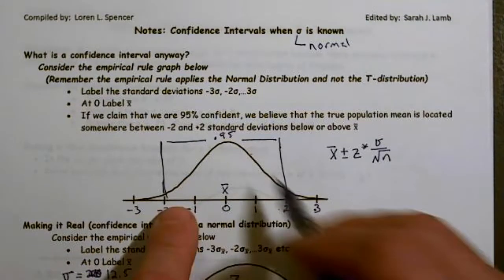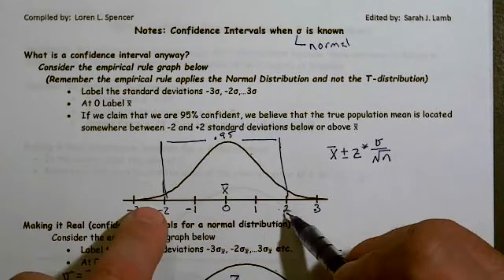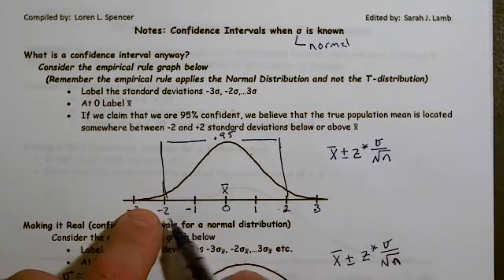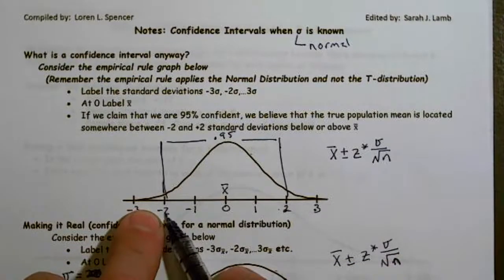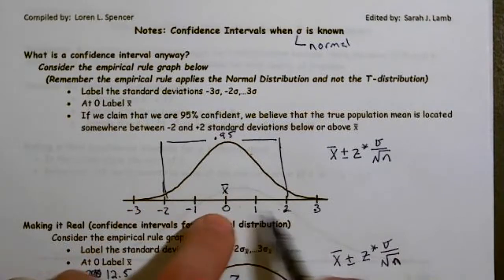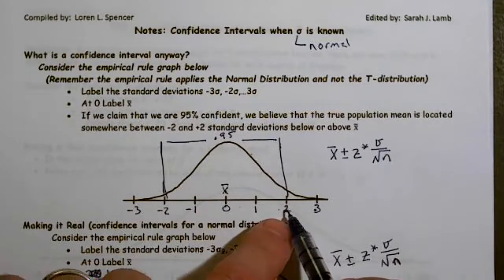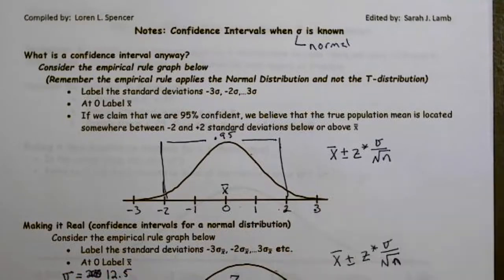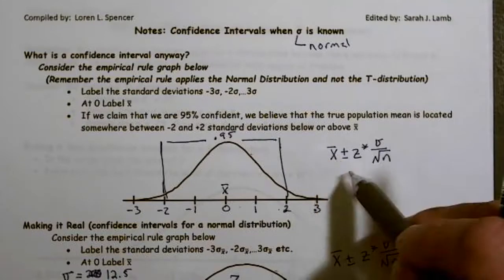If I wanted a 95% confidence interval, that means I'm 95% certain that the population mean is going to be no more than 2 standard deviations below our sample mean, and no more than 2 standard deviations above our sample mean. And our formula is going to look something like this, and this is something we're ultimately going to need to memorize.